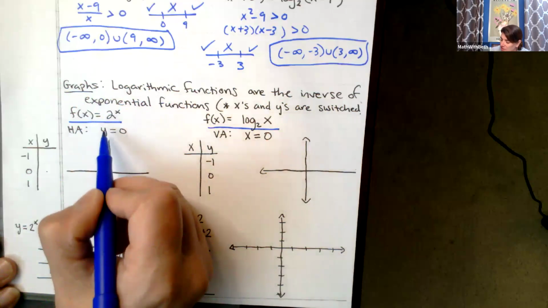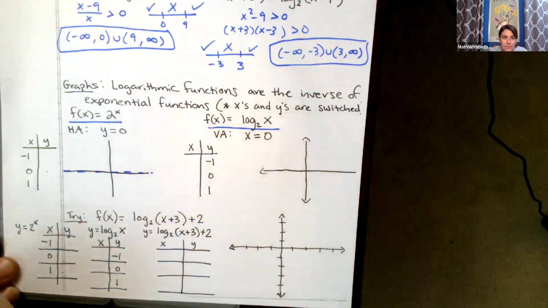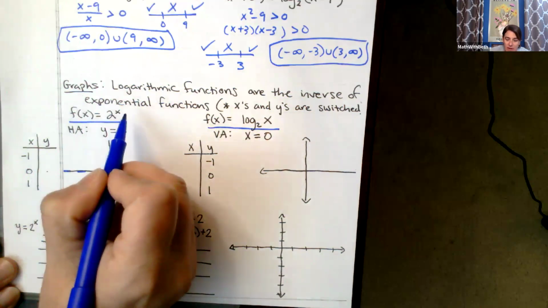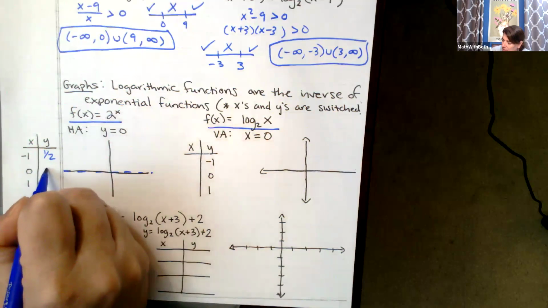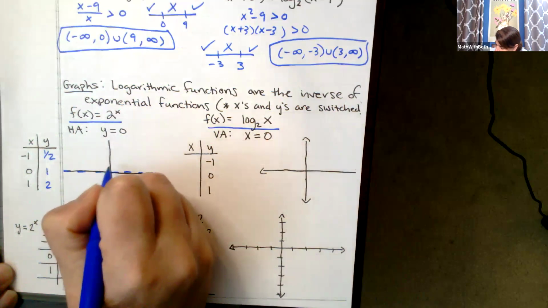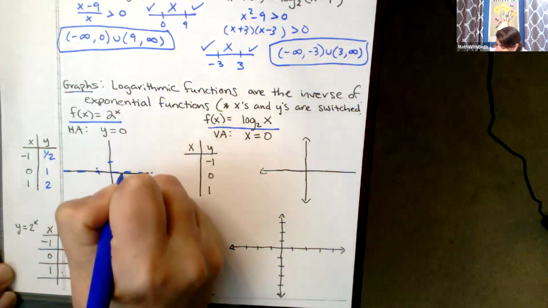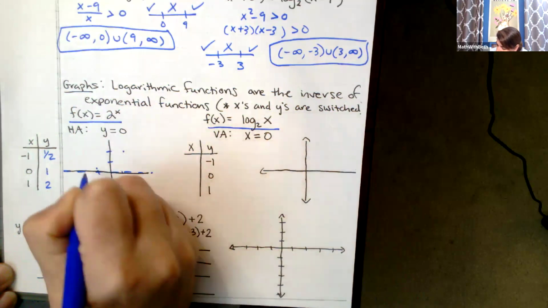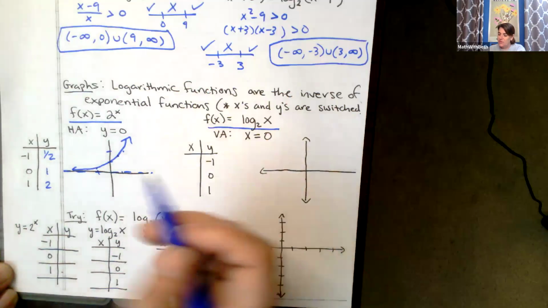So remembering this one would have a horizontal asymptote at y equals 0. And if I plugged in -1, I would get 1/2. If I plugged in 0, I would get 1. And if I plugged in 1, I would get 2. So we remember this, right? So -1, 1/2; 0, 1; 1, 2. It would look something like this, right? So just to remember that.